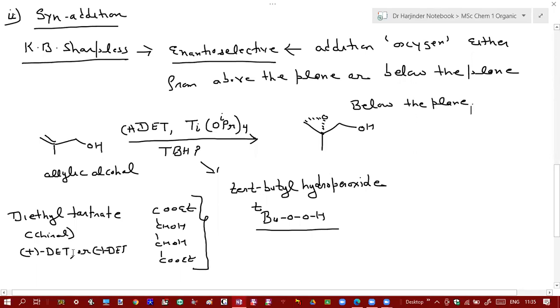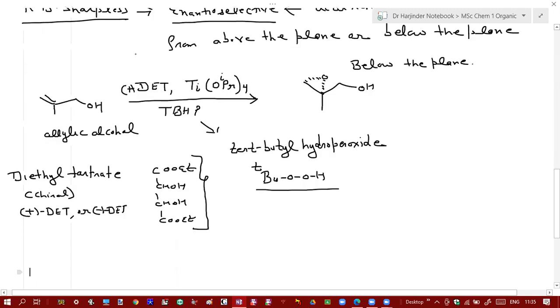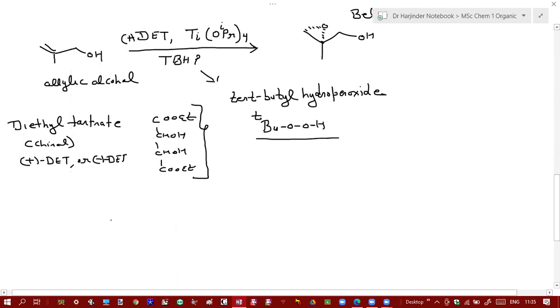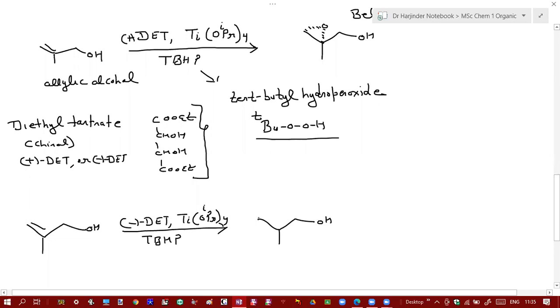However, if you use minus diethyl tartrate, suppose I take the same substrate and the same other things, in that case the addition of this oxygen takes place from above the plane. And only one product is obtained in each case.